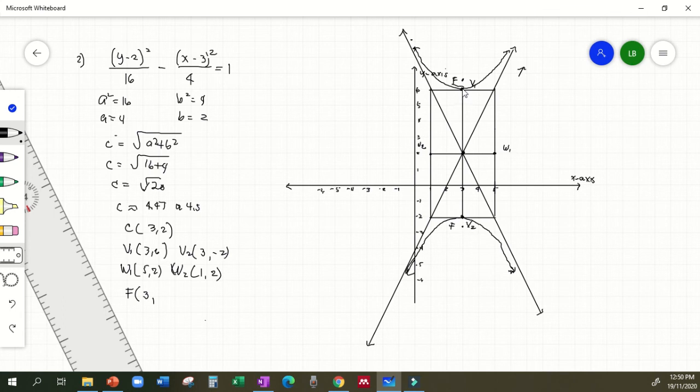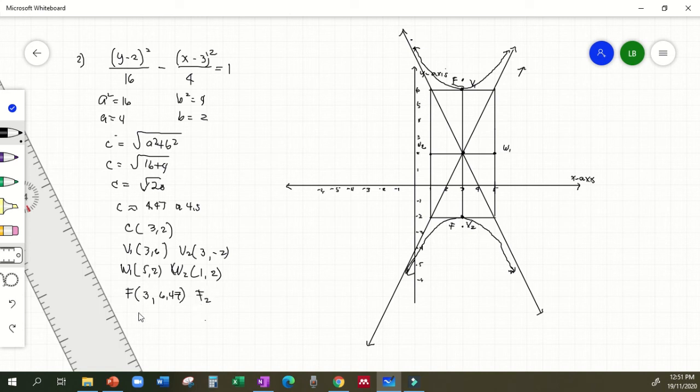So, this is 4.47 from the center is 4.47 or 4.5. So, may 2 ka dito. So, 2 plus 4. Ito, 2. From here we have 2 plus 4.47. So, 6.47.